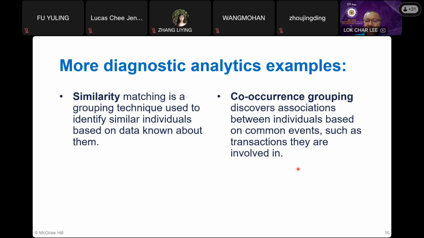But here I'm more interested in showing examples of how to do similarity and co-occurrence grouping. The later part is about the graphs, about how this data will be presented in grouping, clustering, or classification.